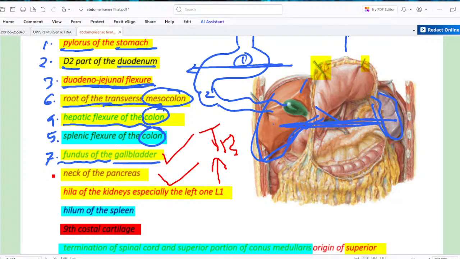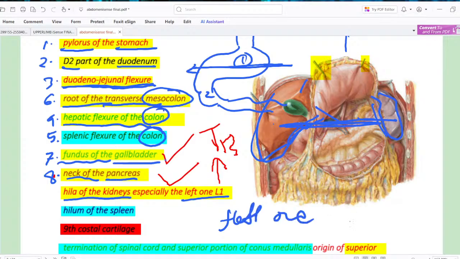Neck of the pancreas. Fundus of the gallbladder, neck of the pancreas. L1.